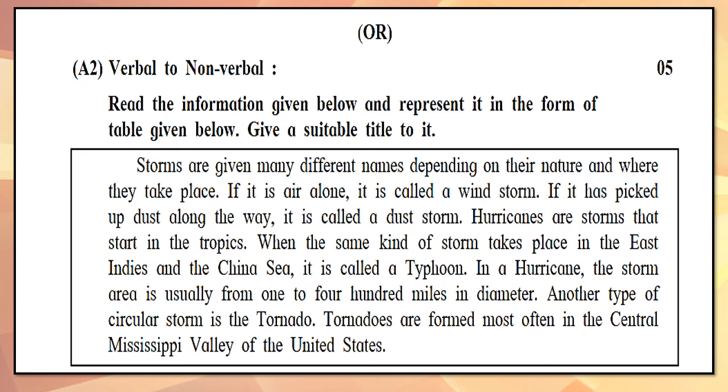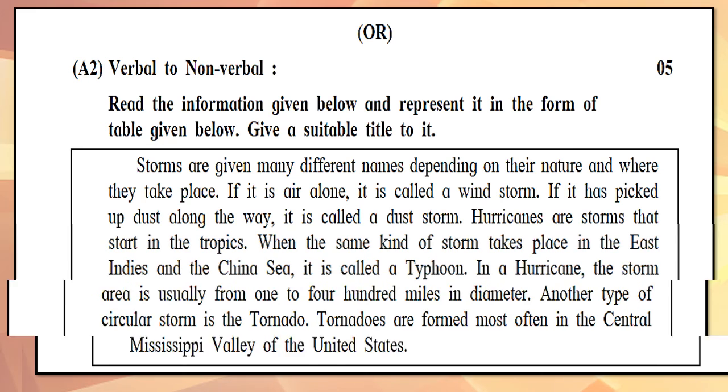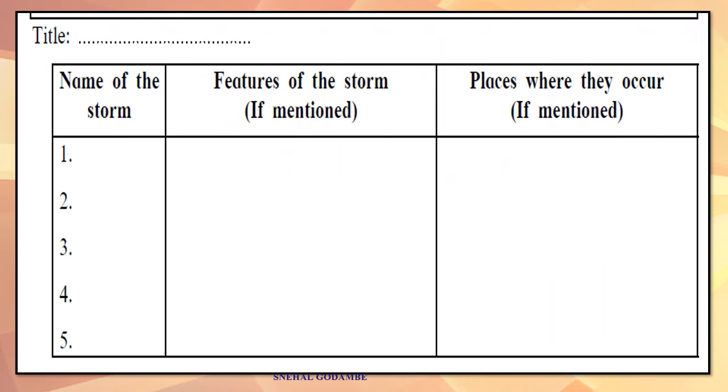Very easy, because the form is already provided to you. See here, and there is a space for the title also provided to you so that you will not forget. Read the passage carefully and note what you have to convert into the non-verbal format, and give the title to this. So this is how the question comes in our question paper.